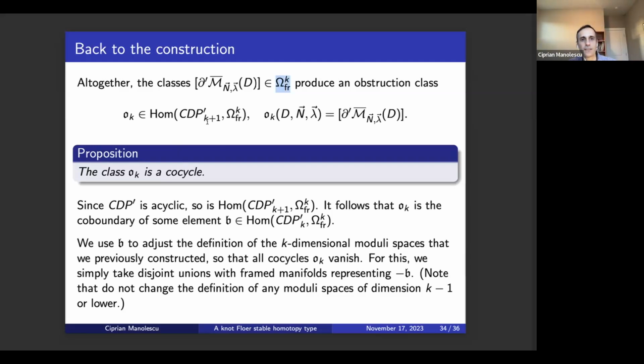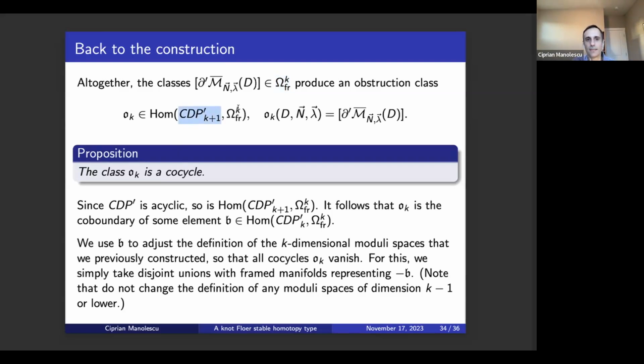So the obstruction is in the chain complex, a Hom chain complex from CDP prime, which is our complex of triples, modulo the ones that we already constructed, so this is the one that's acyclic. This is the quotient.